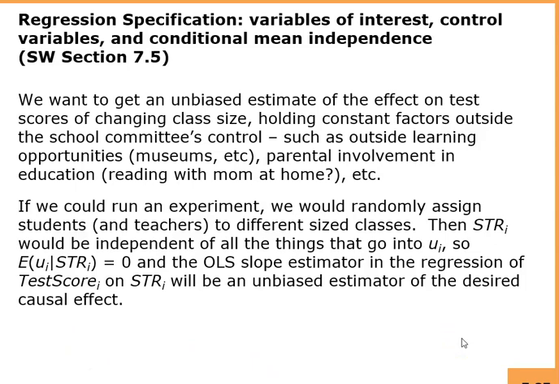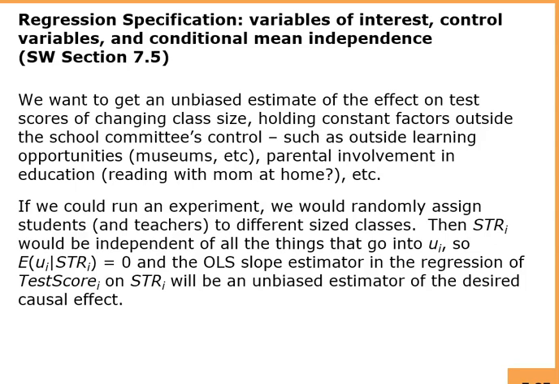So this final section of the lecture covers the variables of interest, control variables, and conditional mean independence. As researchers, we want to get an unbiased estimate of the effect on test scores of changing class size, holding all the other factors constant which can affect the test scores of students.